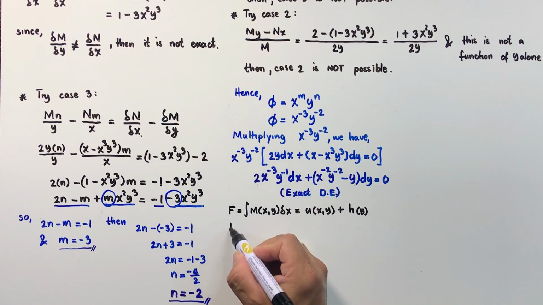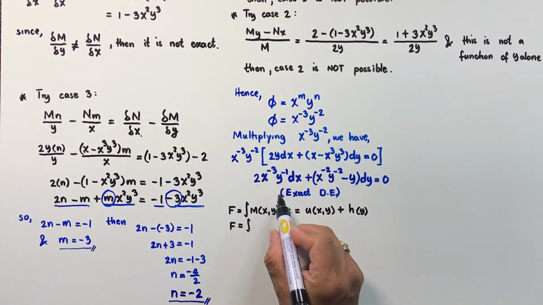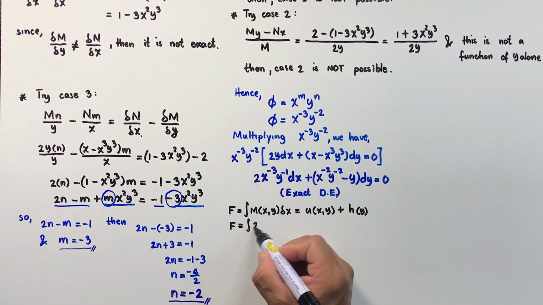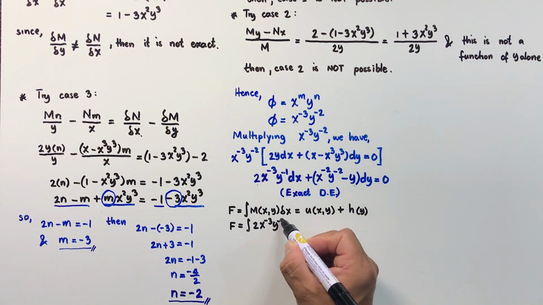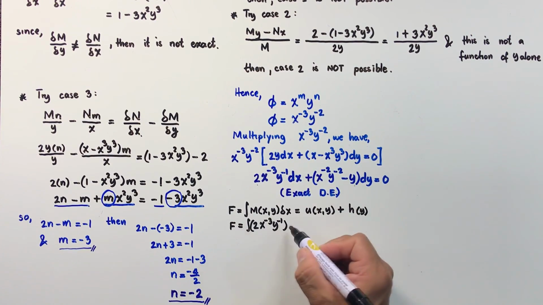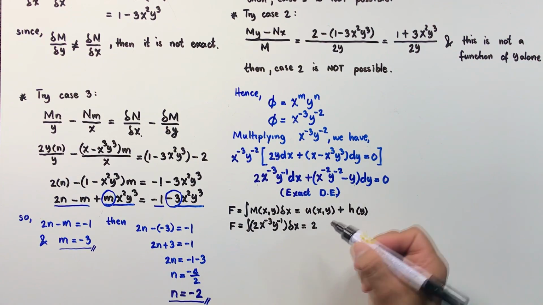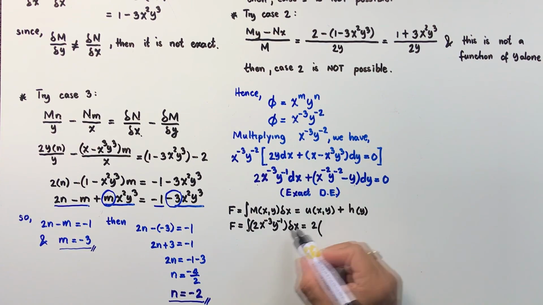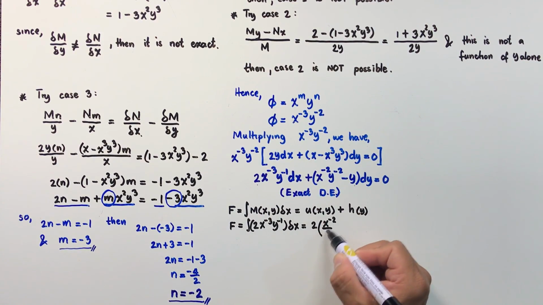So we have big F, which is equal to the integral of our M, in which case this is 2x to the power negative 3 y to the power negative 1 with respect to x, and we have 2 times the integral of x to the power negative 3, which is x to the power negative 2 over negative 2.